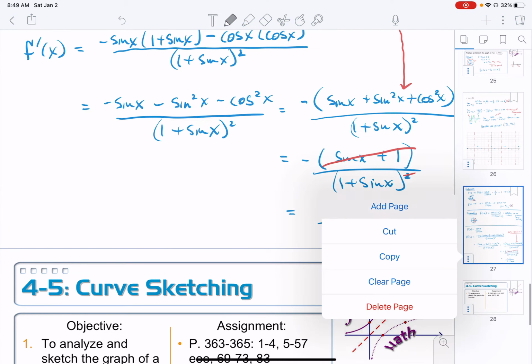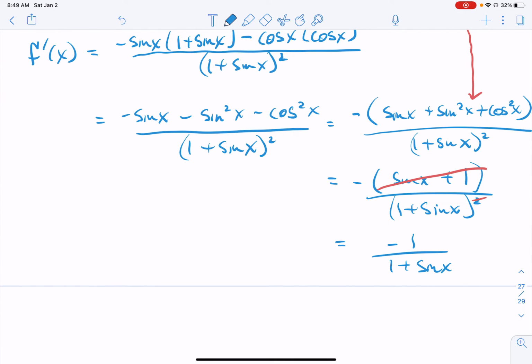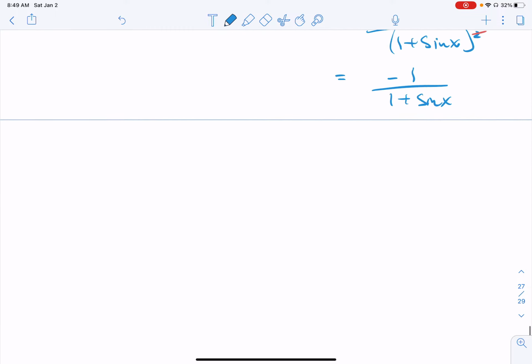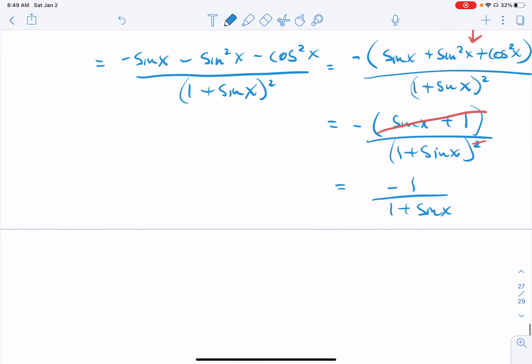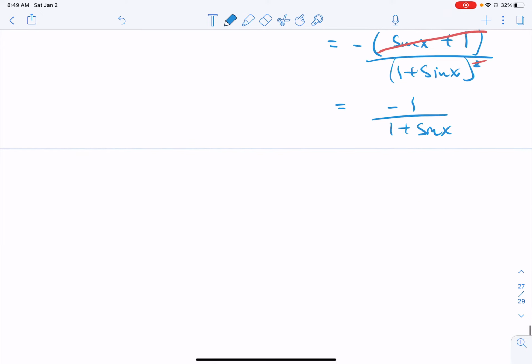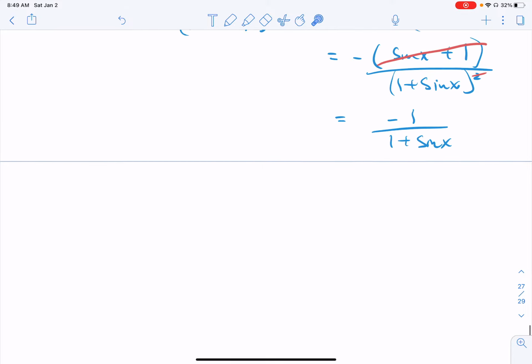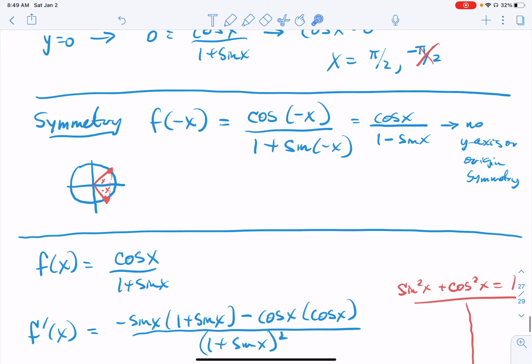Here, let's add an extra page because we're not done and we need more space. All right, why did I do that? I found the first derivative so I can find some critical numbers. Critical numbers are, of course, where this is equal to 0, which doesn't happen because we have a constant number up top, and where it's undefined. Well, it's going to be undefined at the exact same places where you have vertical asymptotes, right?